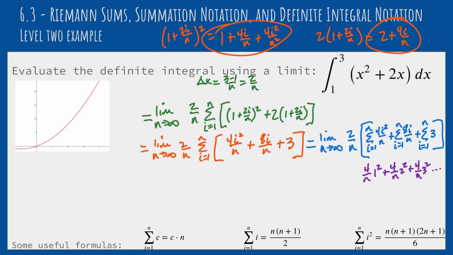That 4 over n is appearing in each term, so I'm going to factor that out. That's going to go outside of my sum. And so we get the limit as n approaches infinity of 2 over n, all right, so we've got 4 over n times the sum from i equals 1 to n of i squared.